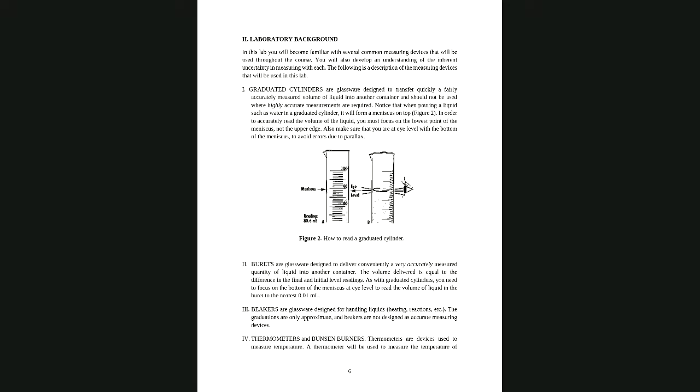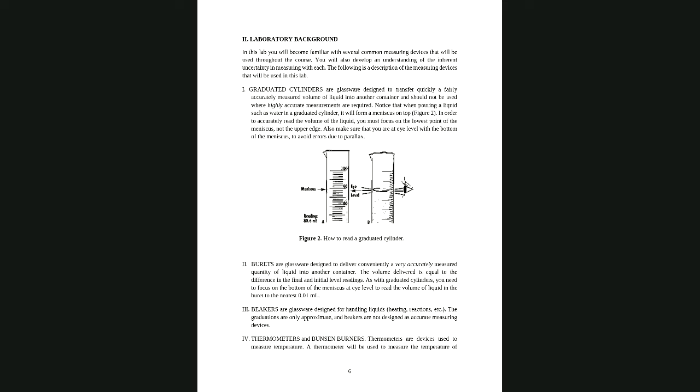When you are measuring volume using a graduated cylinder, the point to keep in mind is that your eye should be at the same level as the liquid in a cylinder-shaped equipment. That could be a graduated cylinder or burette or pipette.